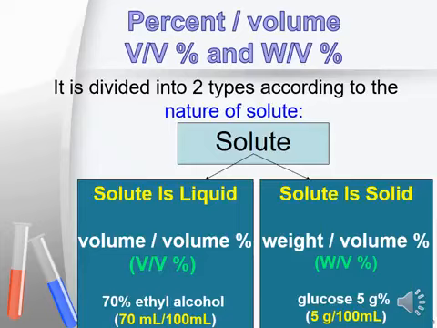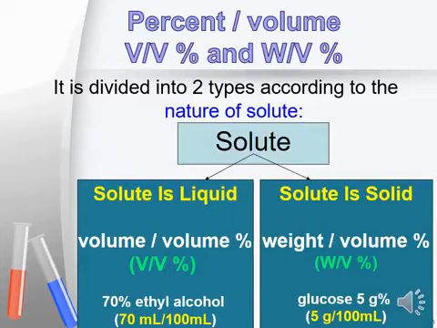Again, percentage means the amount of solute dissolved in 100 units of solution. Solution means solute plus solvent. Here, the percentage is subdivided according to the nature of the solute.